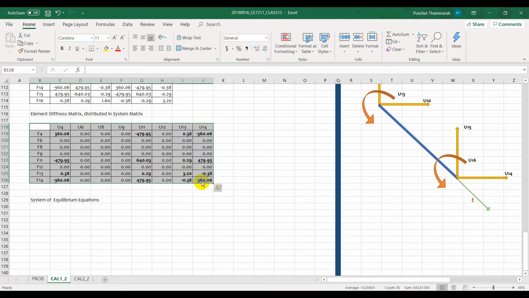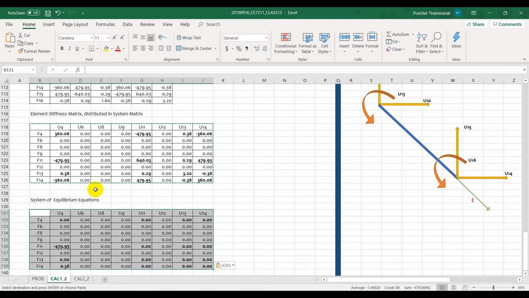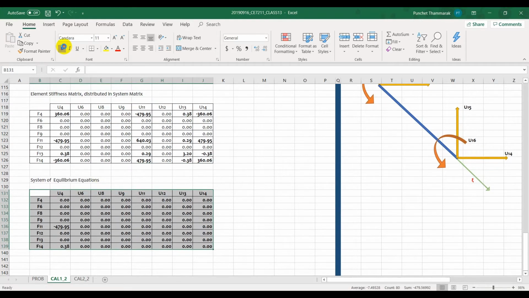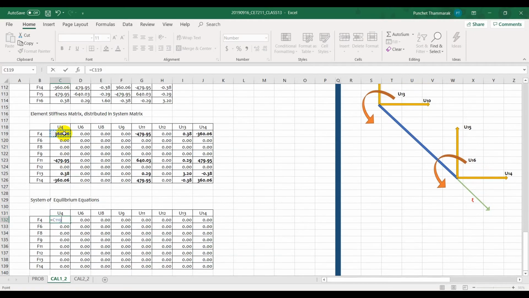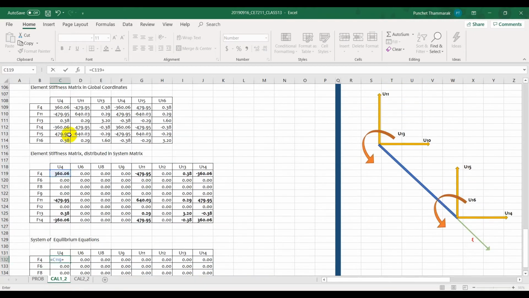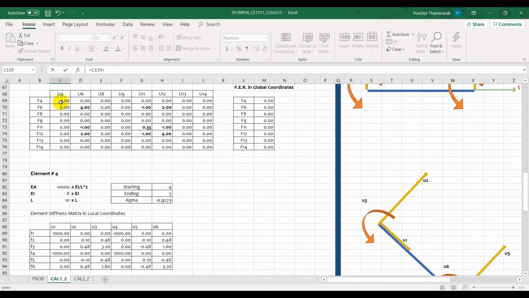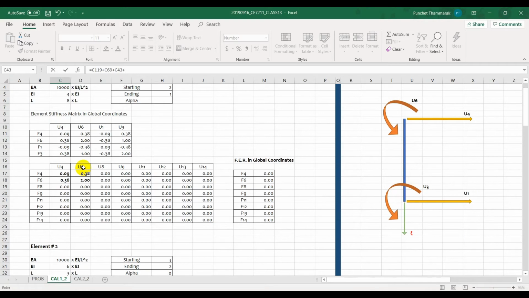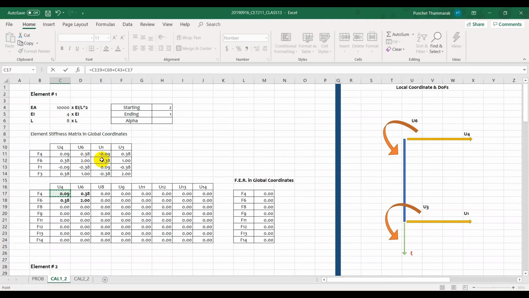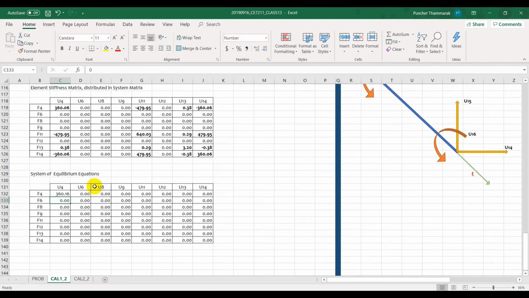We'll copy this, paste it there. Okay. We'll zero everything out. Okay. This is equal to this plus this plus this plus this, and that's it.